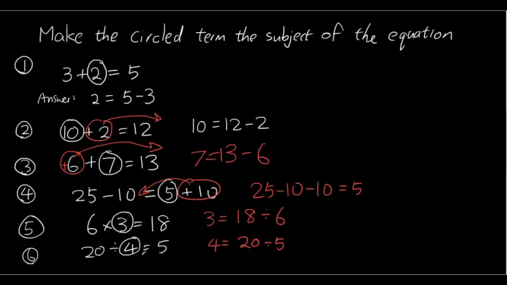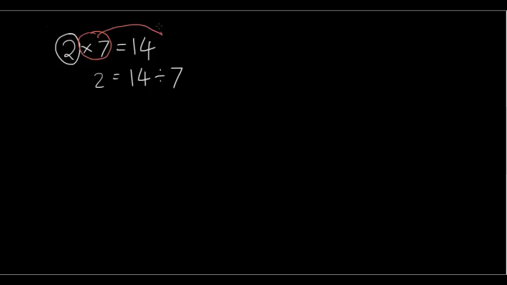Okay, so a few more multiplication ones. So if we have something like 2 by 7 is 14, we can make 2 the subject, so 2 equals 14 divided by 7. Because we've moved the 7 to the other side, so it becomes divided by 7.